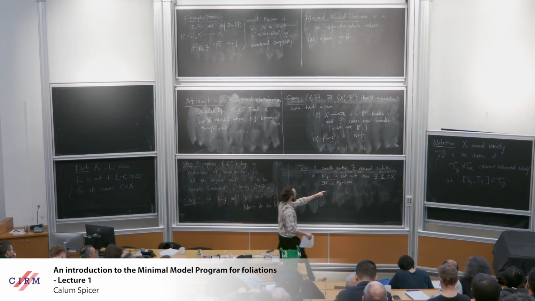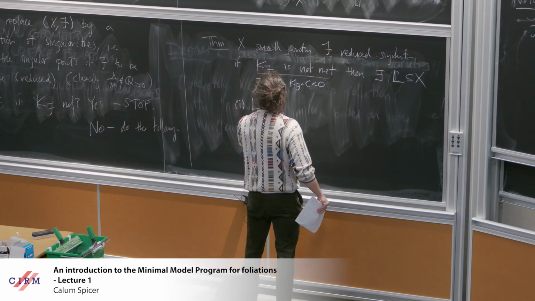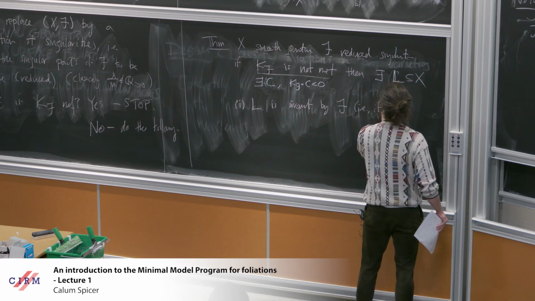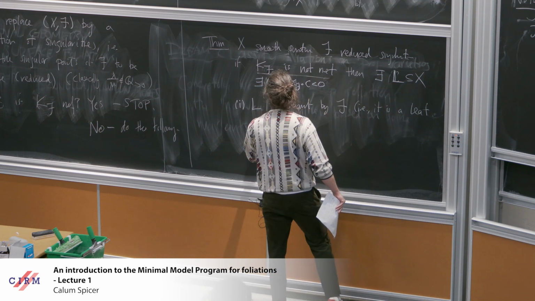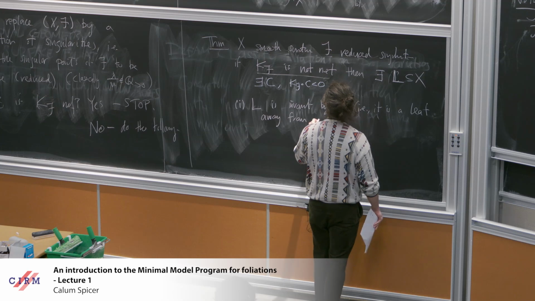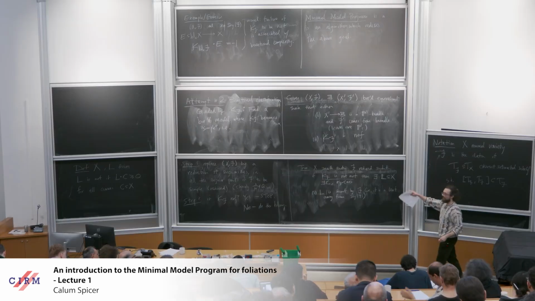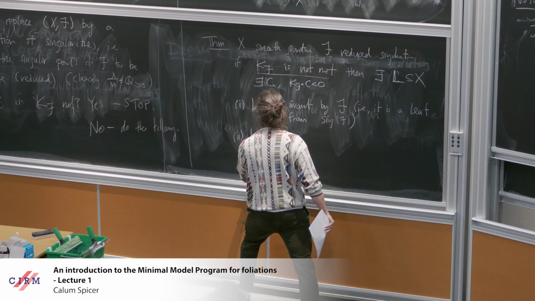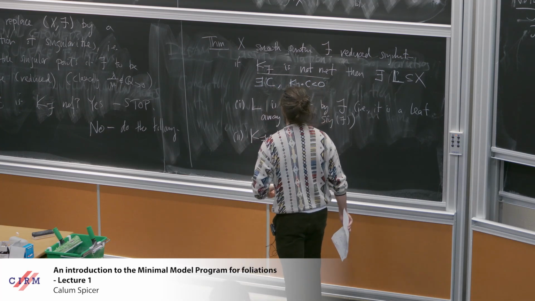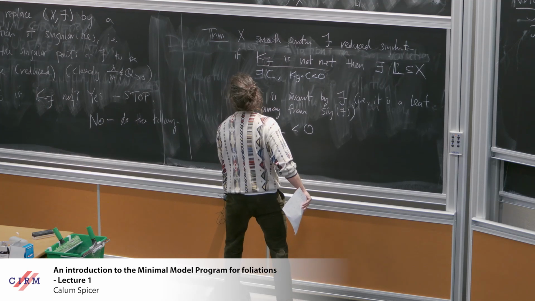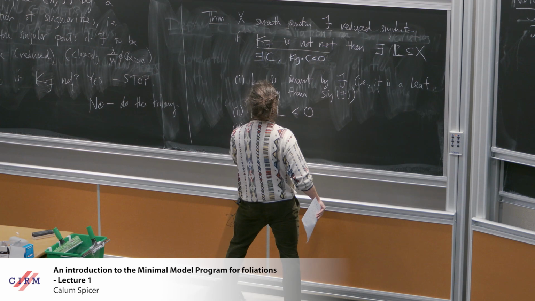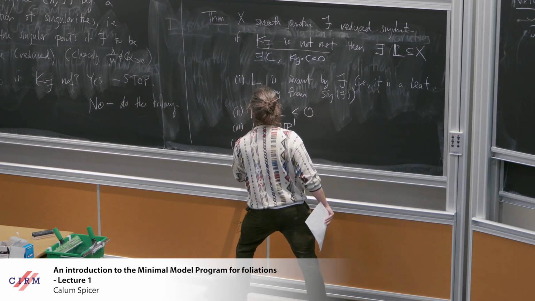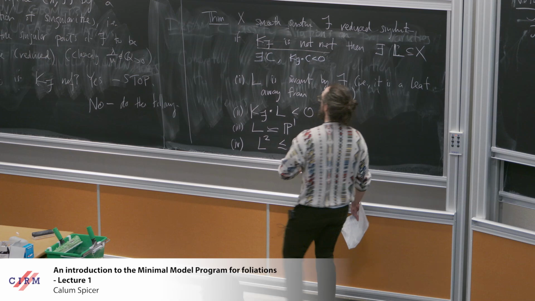So there exists an L such that the following happens. 1, L is invariant by F, i.e., it is a leaf away from Sing F. 2, K_F dotted with L is negative. 3, L is actually isomorphic to P1. And 4, L squared is non-negative.